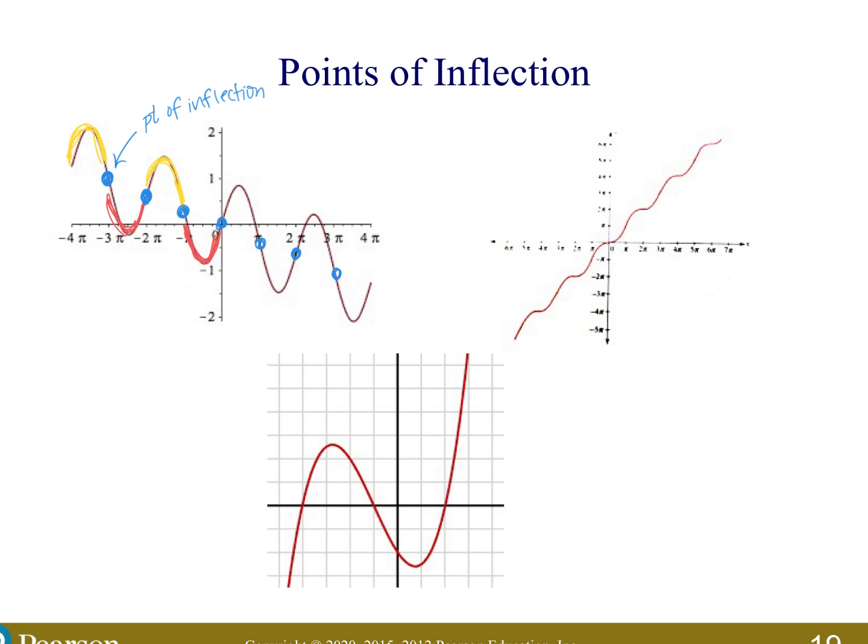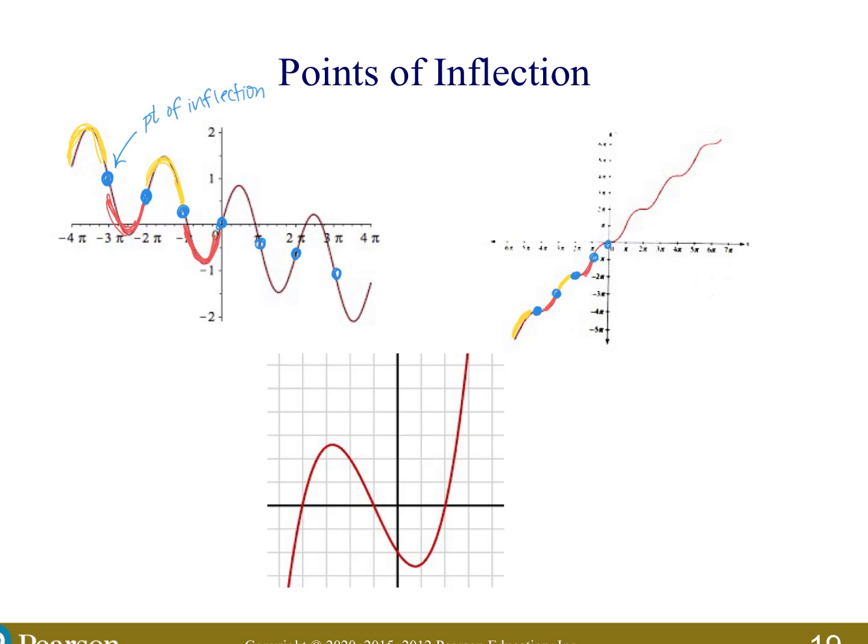On our second graph in the upper right-hand corner, our points of inflection are happening as well. So these points of inflection happen right here. Concave down, switching to concave up, switching back to concave down, switching back to concave up, and then switching again.